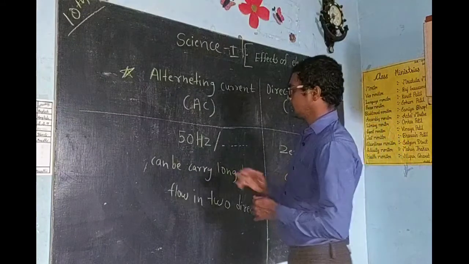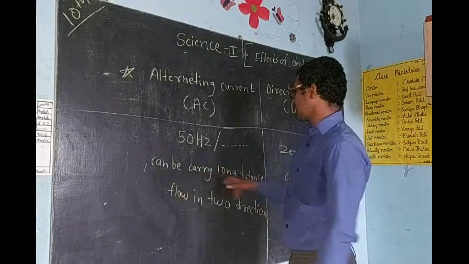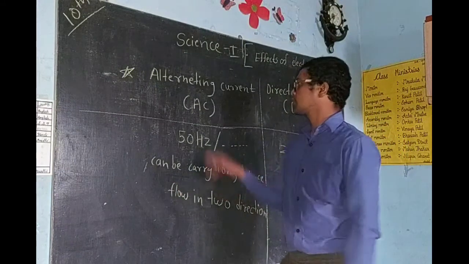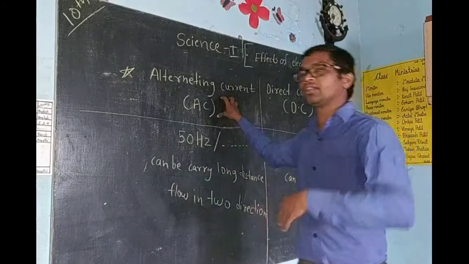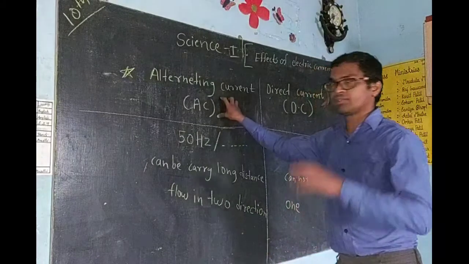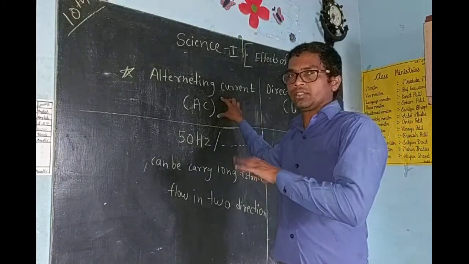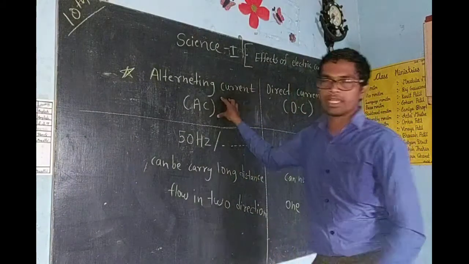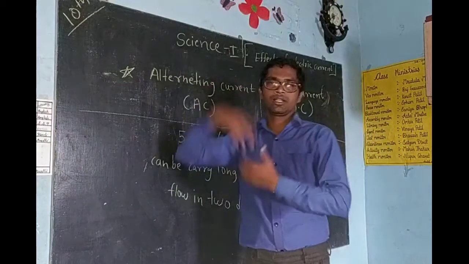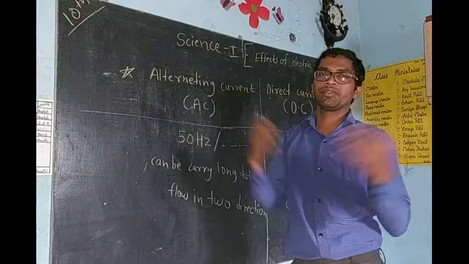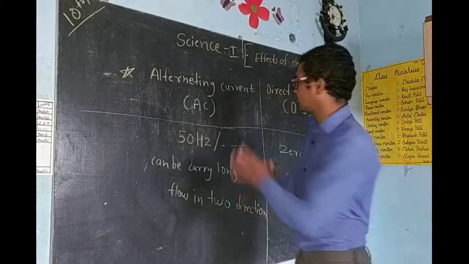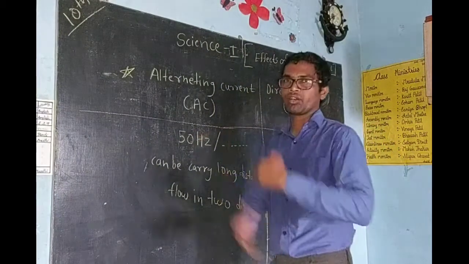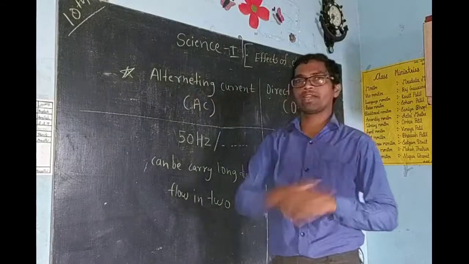Another thing, AC current can be carried over long distances. It can be carried from where power stations are. Take our power station MSCB at Uran, which is a very long distance, maybe 40-60 kilometers. From that far, AC current can travel, or we can carry it with the help of poles and wires.